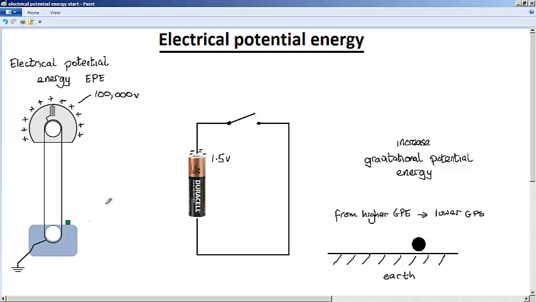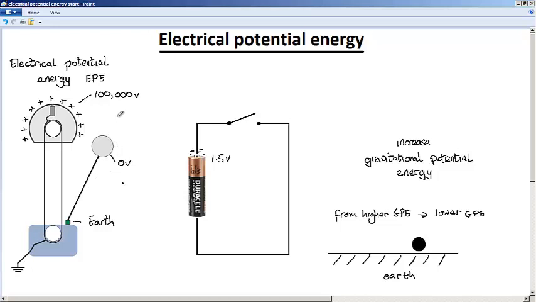Now, in the case of the Van de Graaff generator, I'm going to do something to make these charges move. I'm going to bring a metal conductor close to this Van de Graaff dome. The metal conductor is connected directly to Earth, and that means it has an electrical potential of 0 volts.